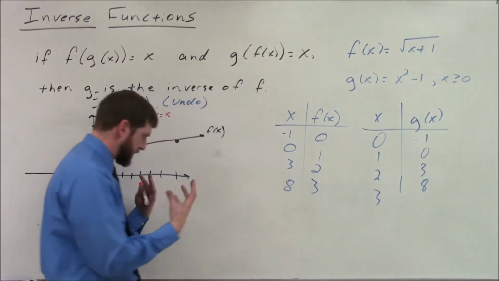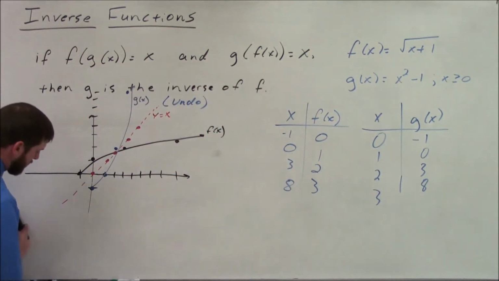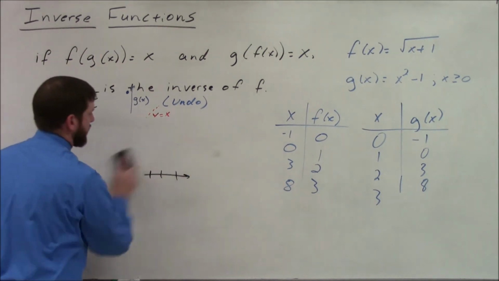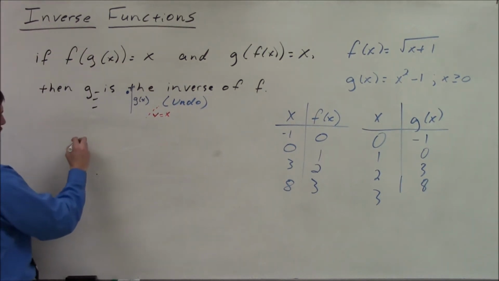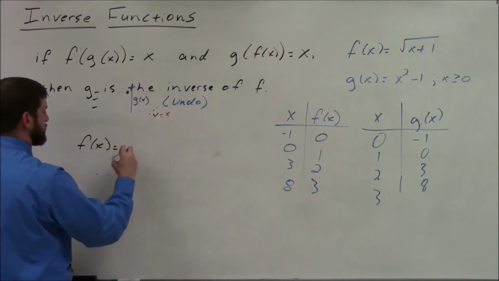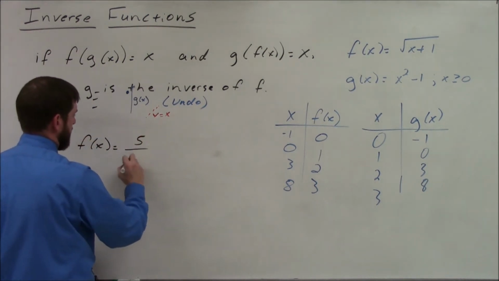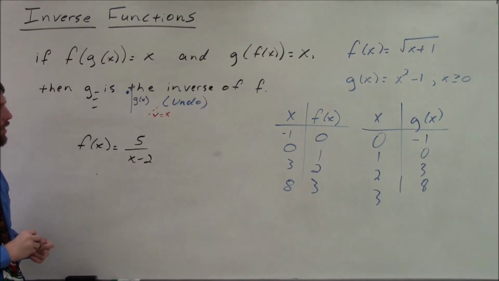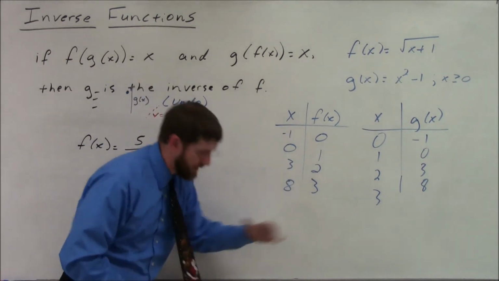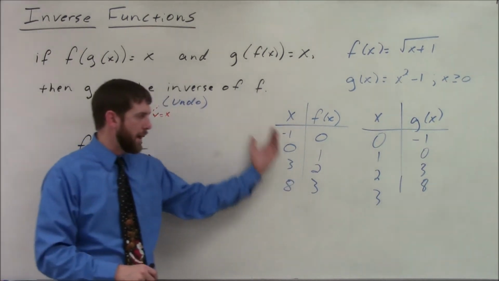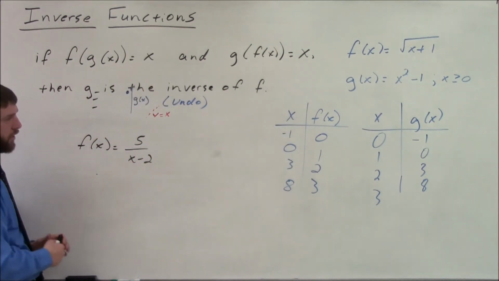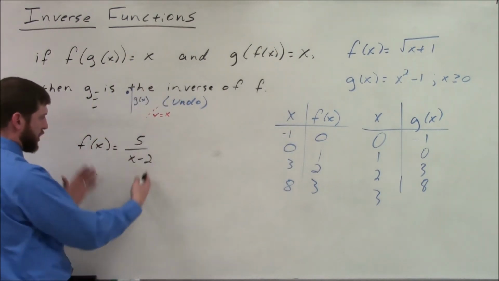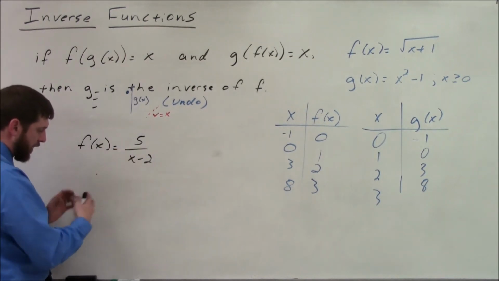But when we go to actually calculate inverses, we want to figure out what the inverse of a function is. Say I have f of x is equal to 5 over x minus 2. It really goes back to this idea right here of the domain of one becoming the range of the other. Well, inside of a function, what do we use to represent the domain and the range of the function?